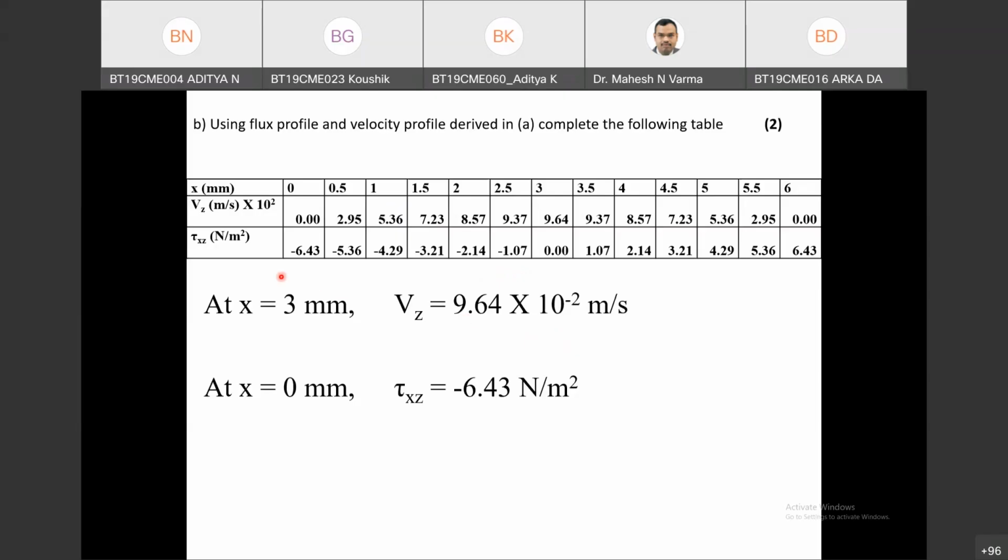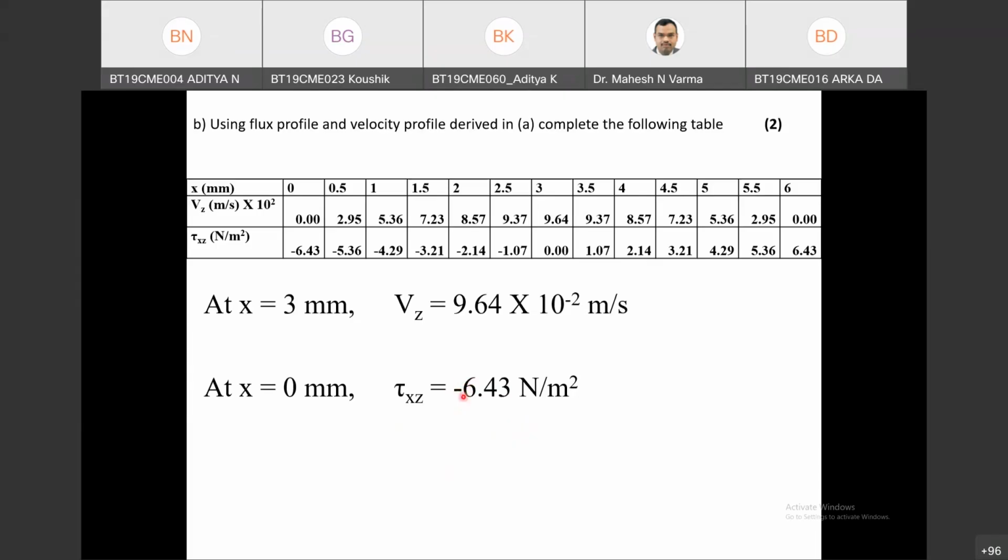Considering origin at the bottom plate, in this region a momentum flux will be there in the negative x direction, opposite of x direction. From x equals 3 mm, the momentum flux will be in the positive x direction. So this will be a shear stress exerted by the fluid. You can exclude this sign.